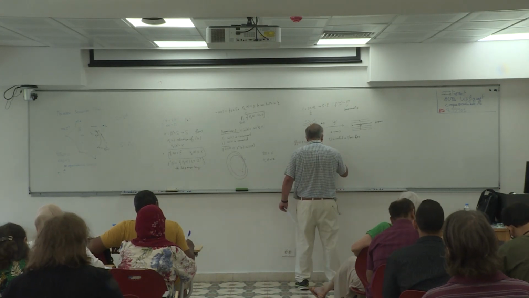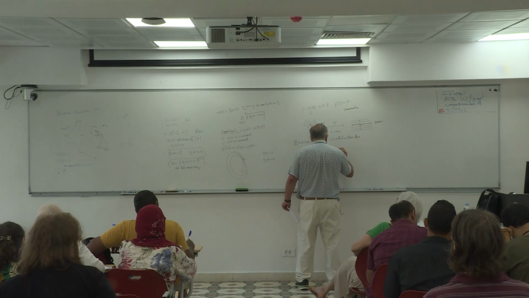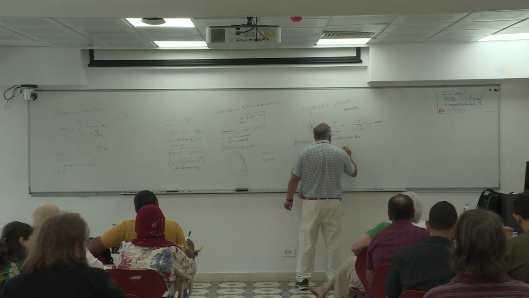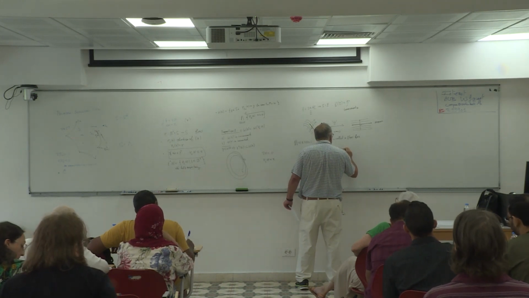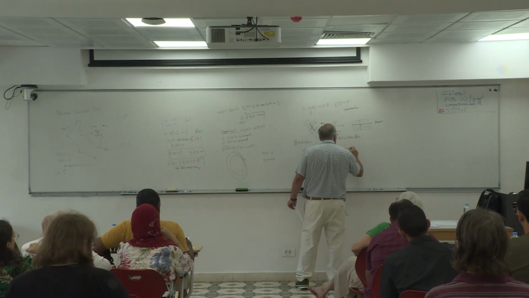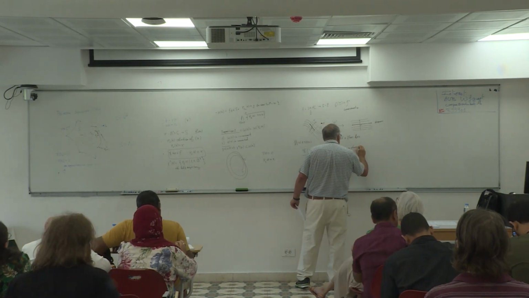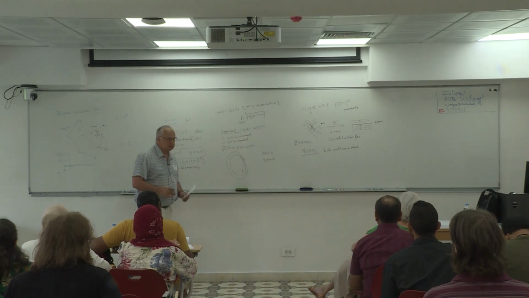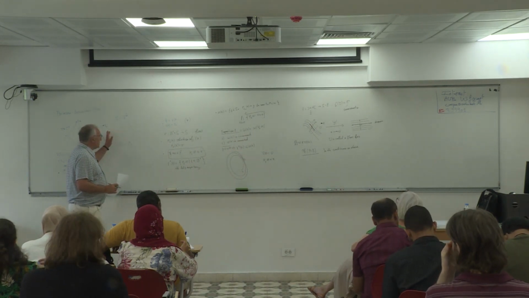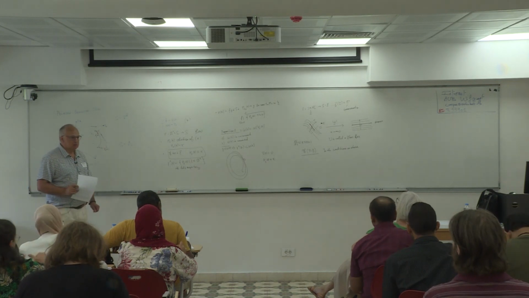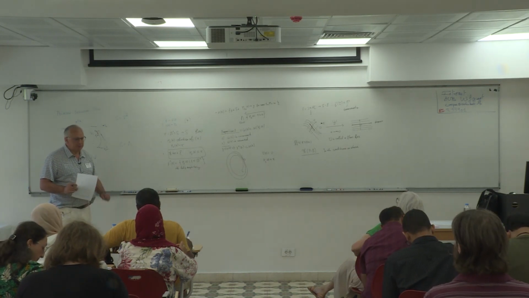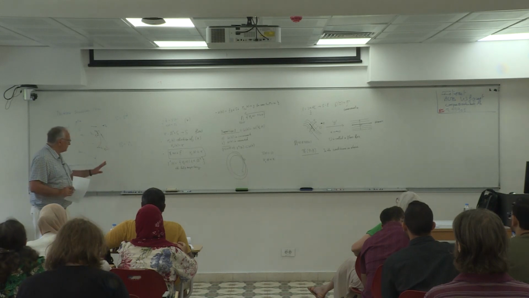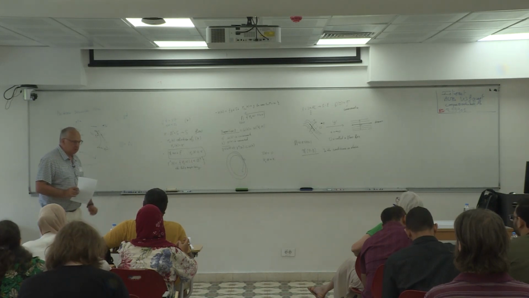In the conditions as above, means that the surface is simply connected with piecewise smooth boundary, and the vector field is, as here, of class C1.